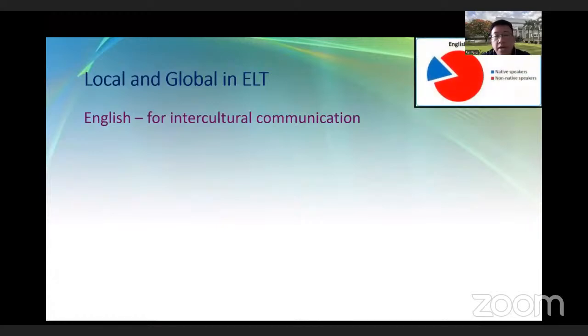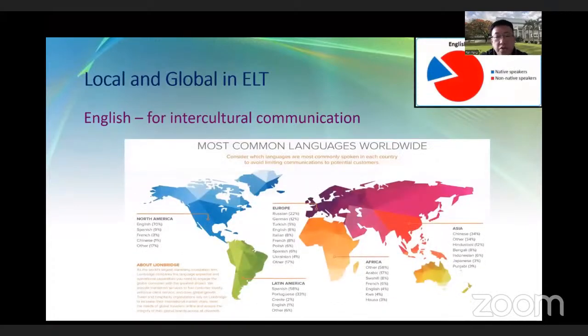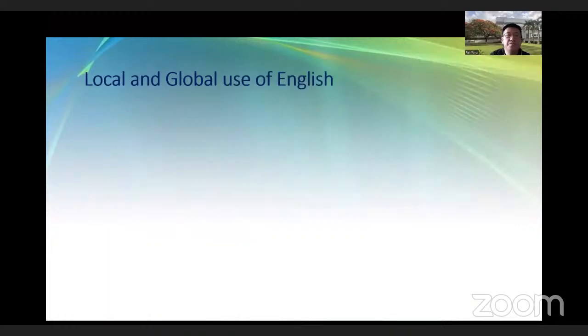We look at English as a global language for intercultural communication, one of the languages used across the globe. As for the complexity of this language, we notice that the number of non-native speakers of English is higher than its native speakers.